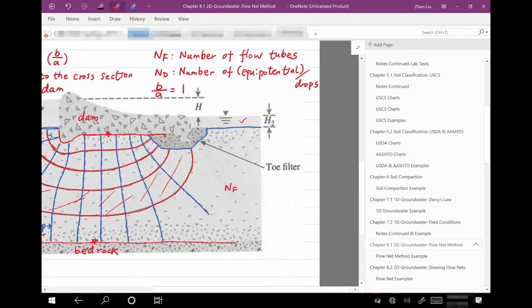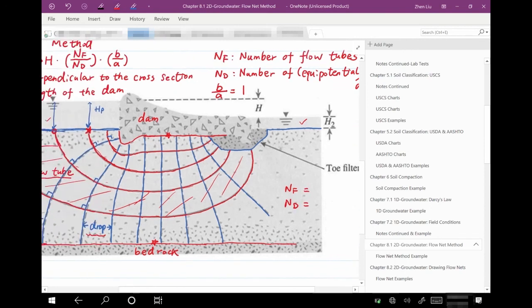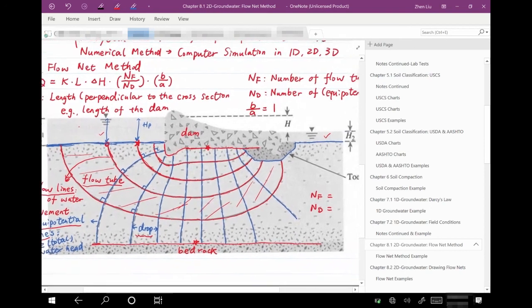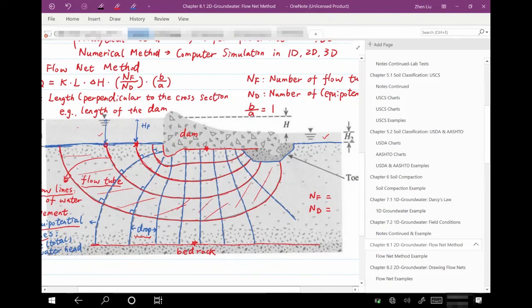N sub F and N sub D. Could you try it yourself? Just count it.